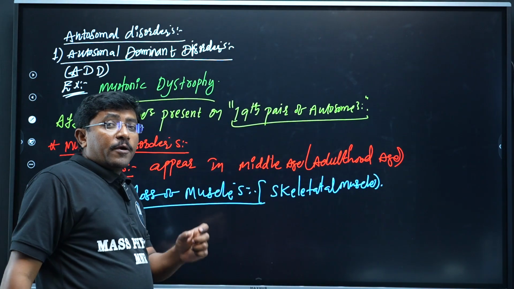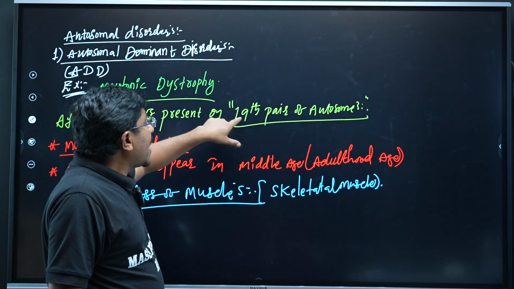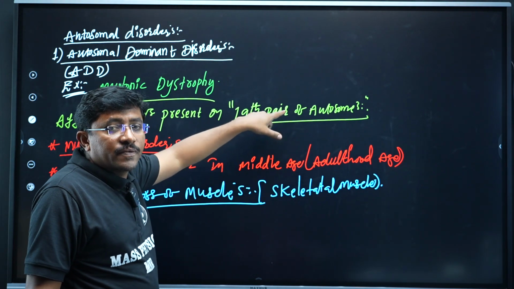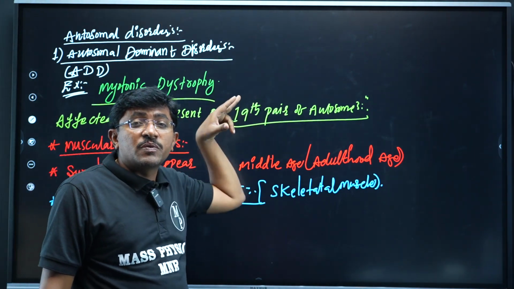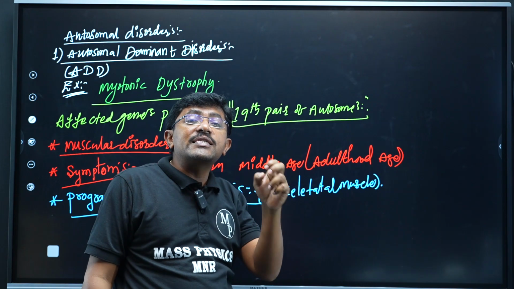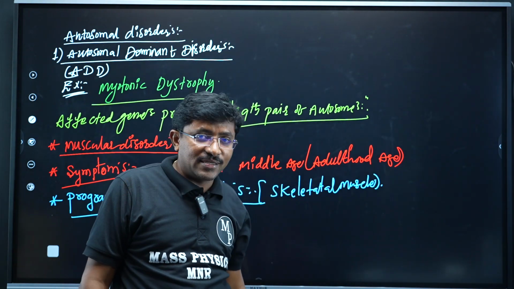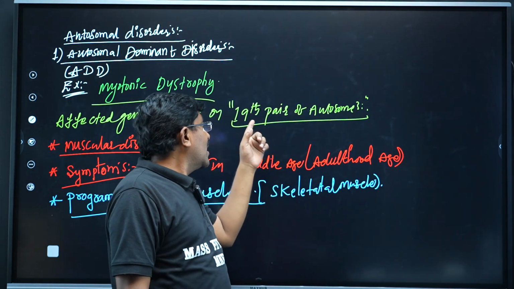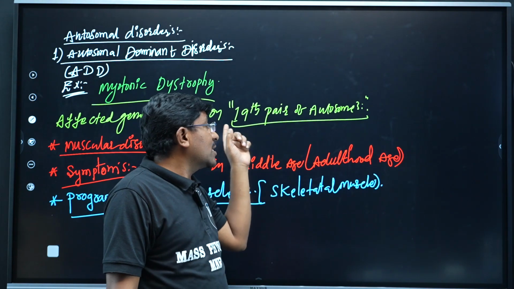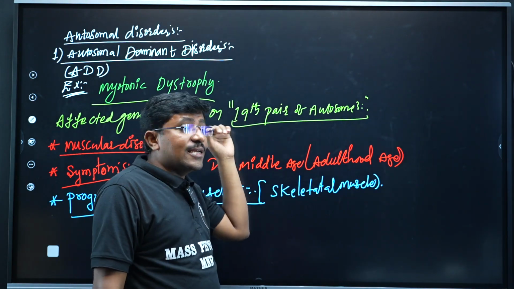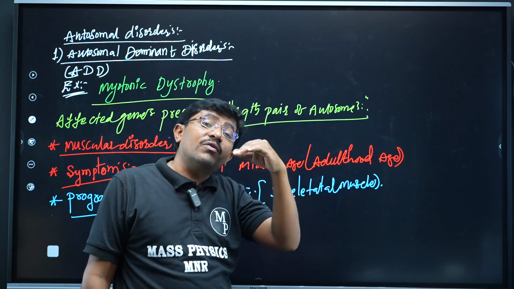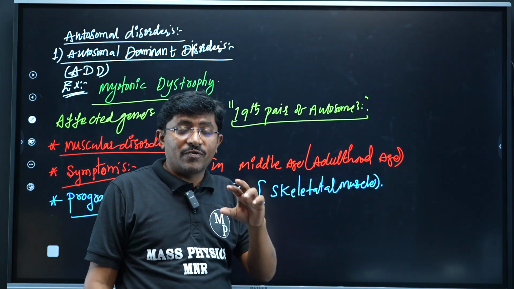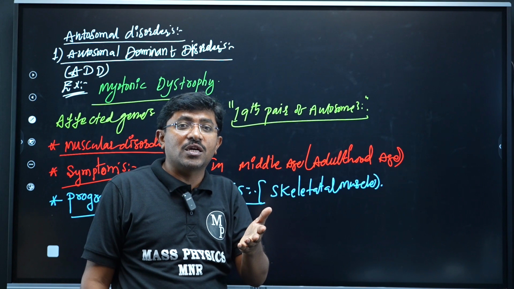So generally, which gene is present on the 19th pair of autosomes? That gene is responsible for maintaining skeletal muscle protein synthesis. By mutations occurring in that person, the gene is affected, which means the functional gene is converted into non-functional.